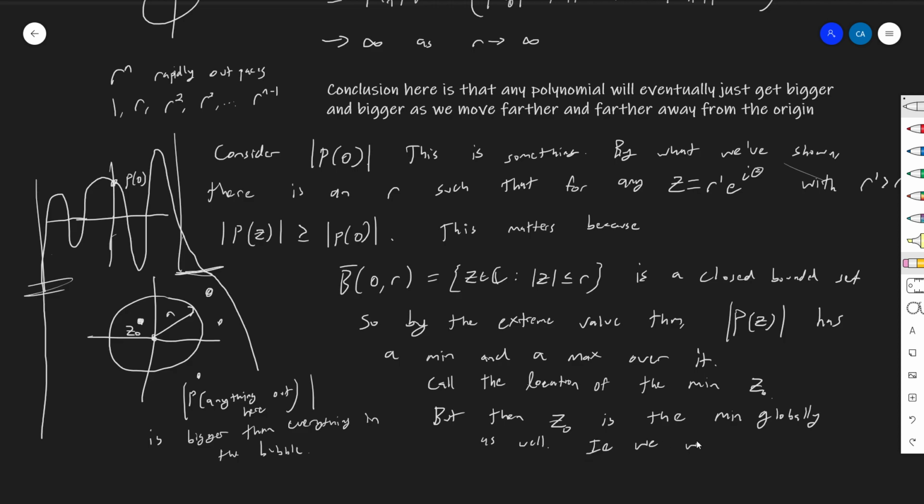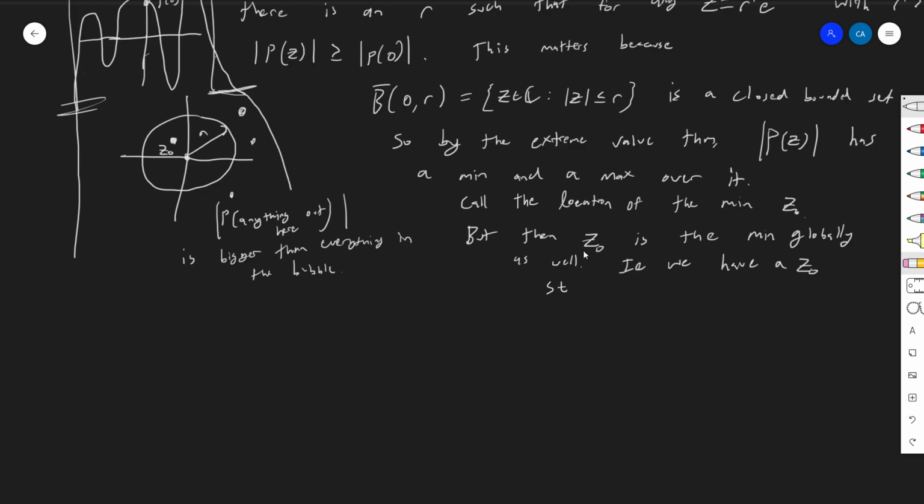I.e., we have a z0 such that, and I'm just going to start throwing out my standard notation, for all z in C, the magnitude of p of z is greater than or equal to the magnitude of p of z0. So we have achieved our global minimum. So we've completed part 1 of the proof. We found a global minimum. We know we have one.